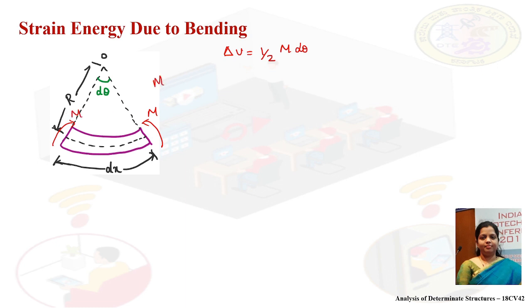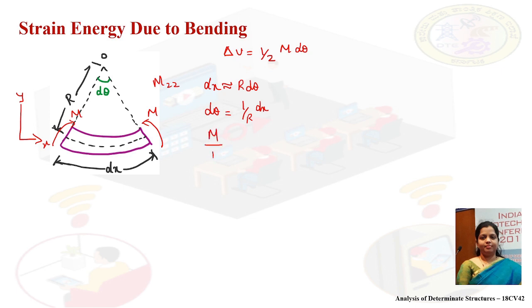This is the Mzz moment, if we consider this as the x-axis and y-axis. So from the diagram we can compute the value of d theta. We know that dx is approximately equal to r into d theta. D theta can be written as 1 by r into dx.